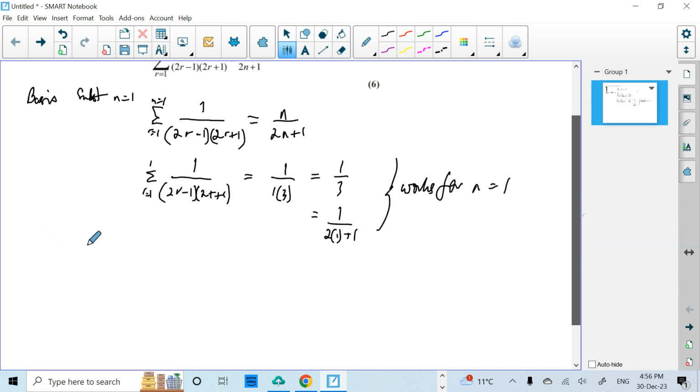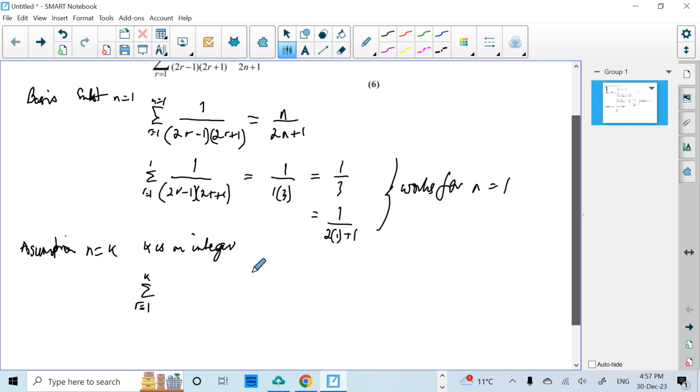So that's my basis. Now, what about if we need to find out if it will work for k as an integer. So the assumption: we're going to assume that it works for n is equal to k, where k is an integer. So again here I'm going to write it out, and I put the value of k, and r is equal to 1, and again write out the question.